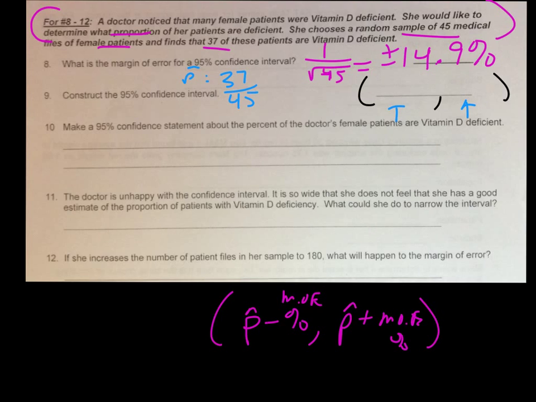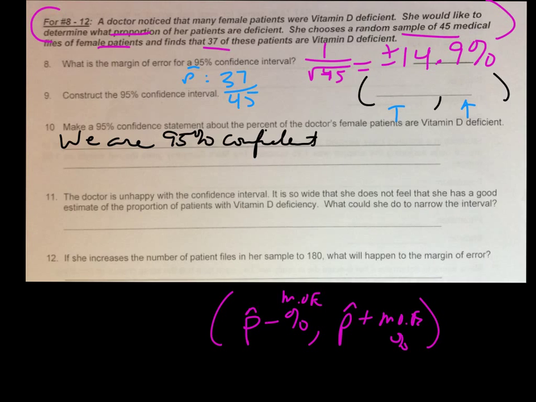Now, number 10, make a 95% confidence statement about the percents. So, I haven't gone over confidence statements, so we will go over that tomorrow. But you kind of have to say we are 95% confident. That's confident. You can't read my writing.